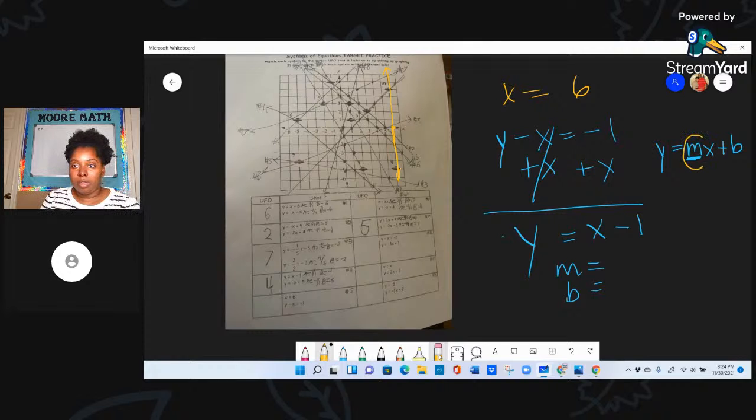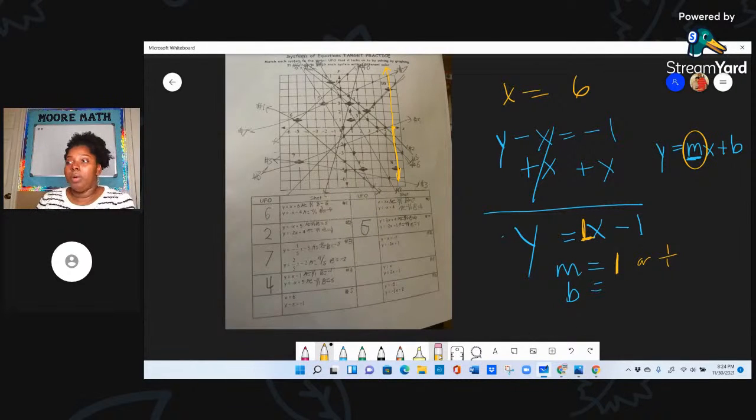Is -1 next to the x? Oh. What number's here, even though I don't see it? 1. Yeah. Okay, your slope is 1 or 1/1, right?